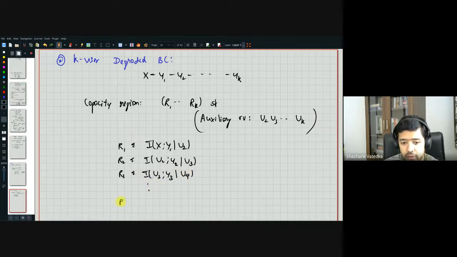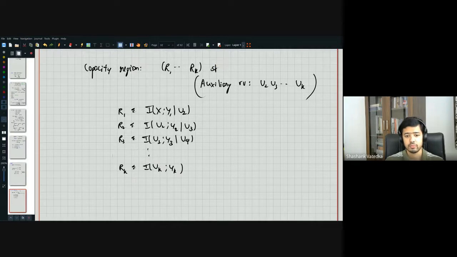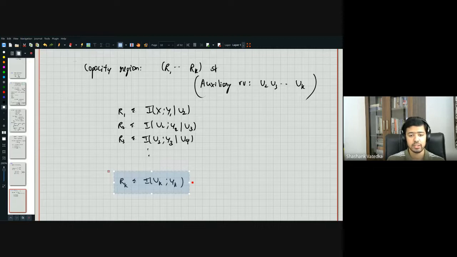So in general, Rk is less than or equal to the mutual information between Uk and Yk. This is specific to the K user degraded broadcast channel. Rk minus 1 is less than or equal to the mutual information between Uk minus 1 and Yk minus 1 given Uk.